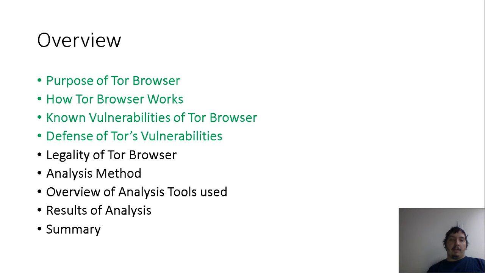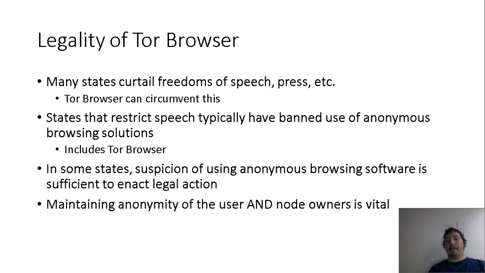So we've talked about the known vulnerabilities of Tor, as well as some of their defenses. Now I need to mention the legal issues surrounding Tor. In many states across the world, they have attempts to curtail the freedoms of speech, the freedoms of press, what have you. And Tor browser is one of the tools used to circumvent this.